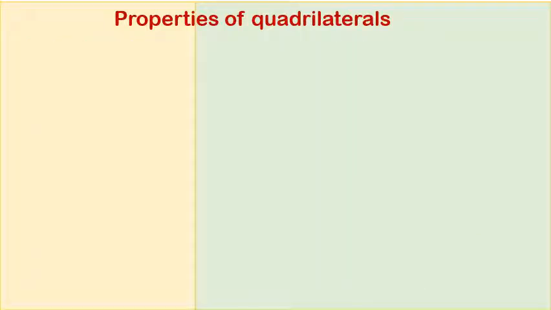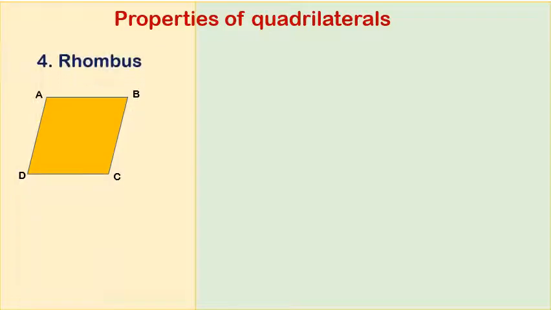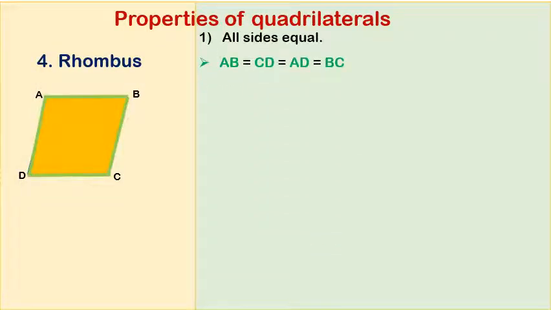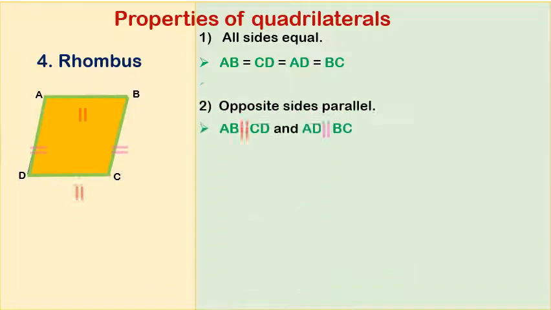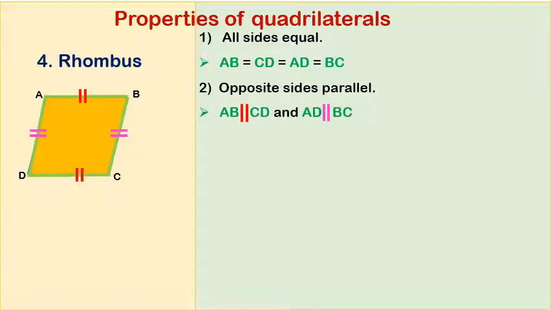Next, let us see the properties of a rhombus. You know, all four sides of a rhombus are equal in length, which means side AB equal to CD, which is equal to AD, that is also equal to BC. And you can see opposite sides are parallel, which means side AB parallel to CD and side AD parallel to BC.